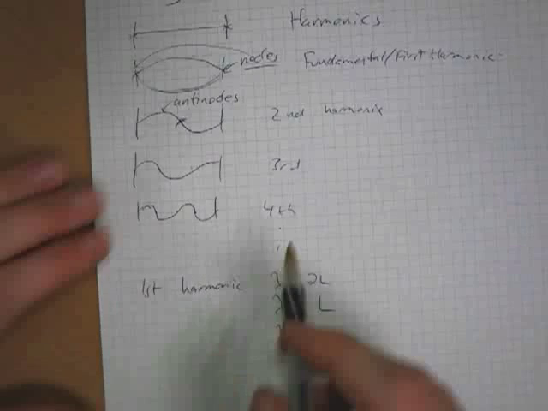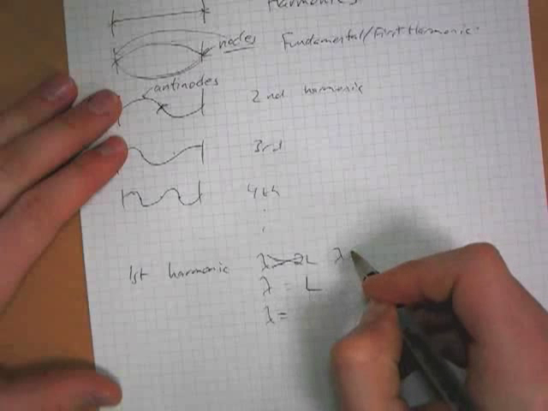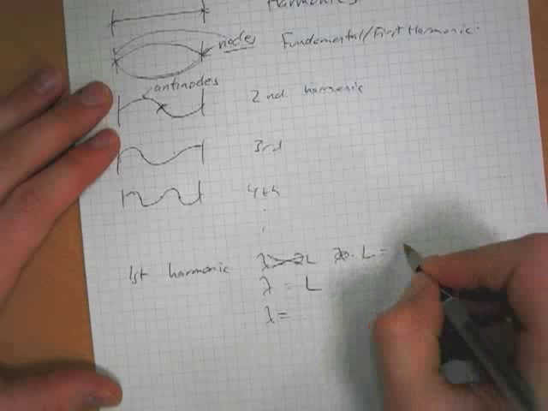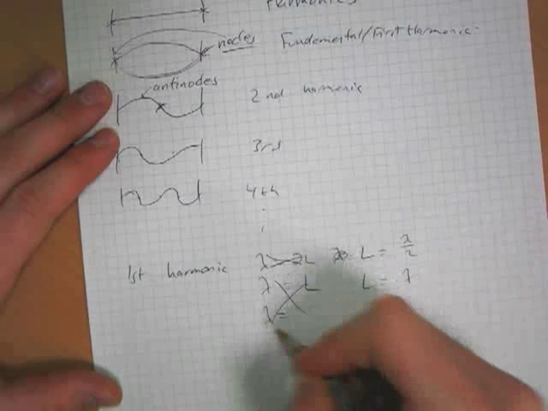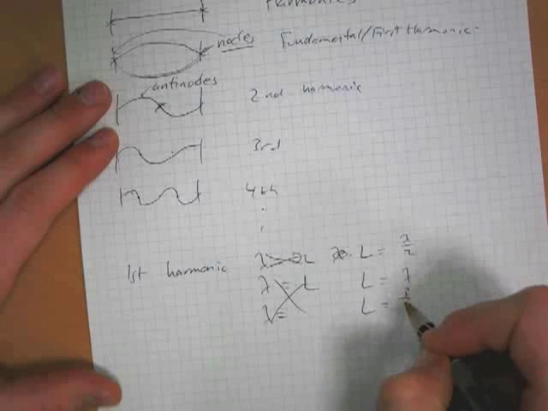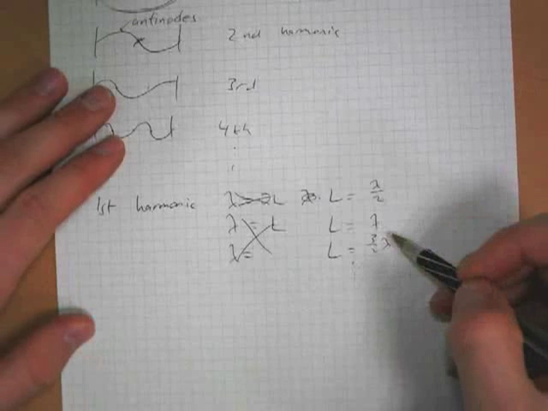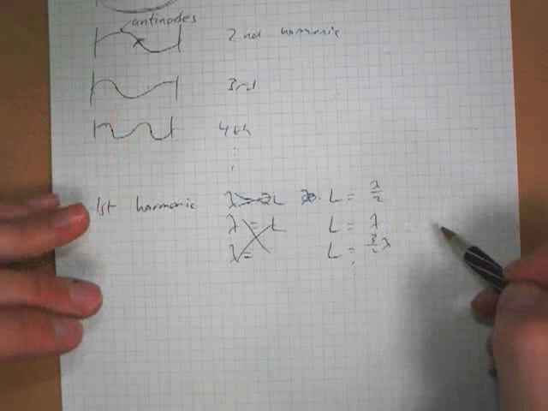Actually, it's easier to go the other way. Let's say in this case the length of the string is half the wavelength. In this case, the length of the string is the wavelength. Here the length of the string is 3/2 of a wavelength, and so on and so forth. You can see the pattern. These are just half multiples of our wavelength.